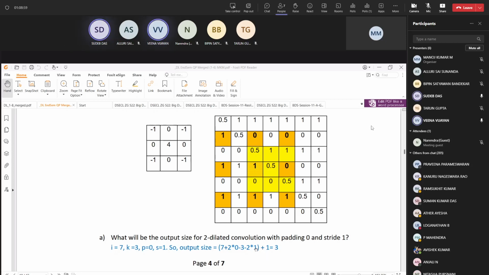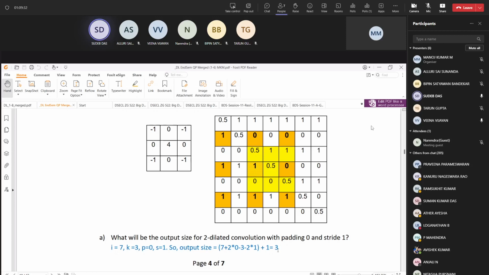In the formula, it should be. But stride is only one here. As per the formula, whatever is given, that formula is not happening here. Plus 1 again. That is what this calculation is. Whether it is correct or wrong, who knows.